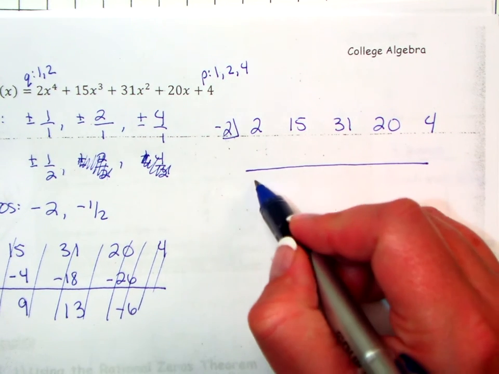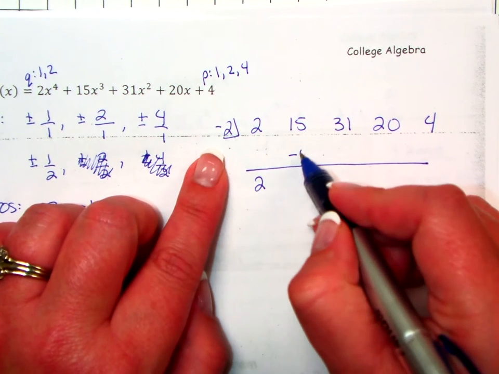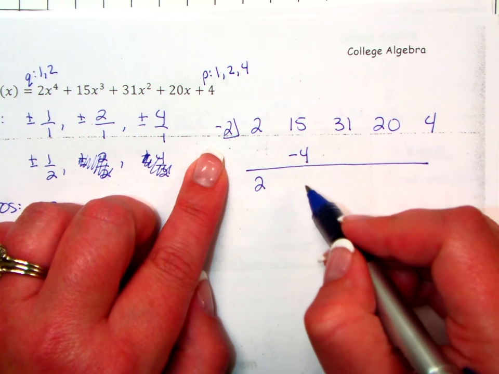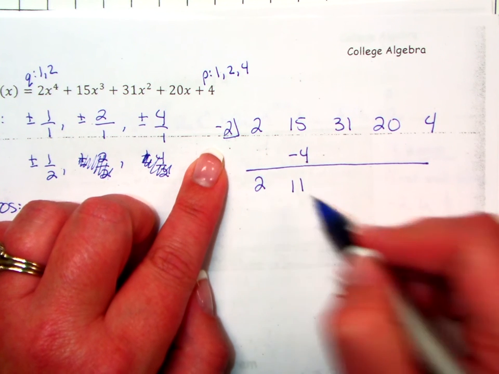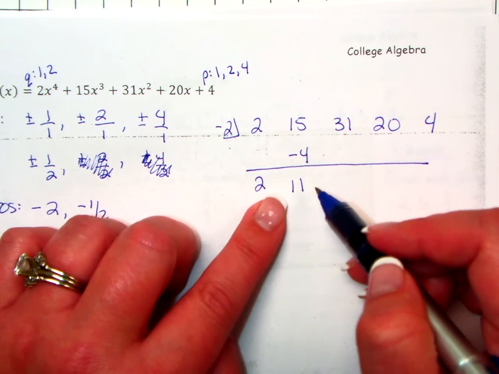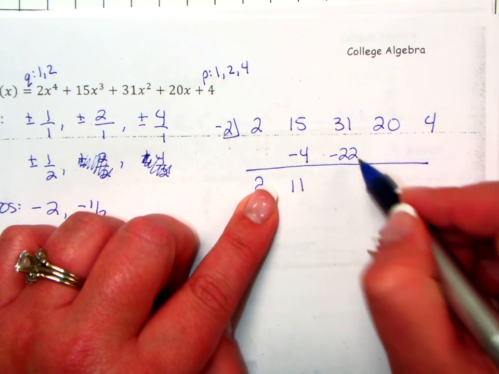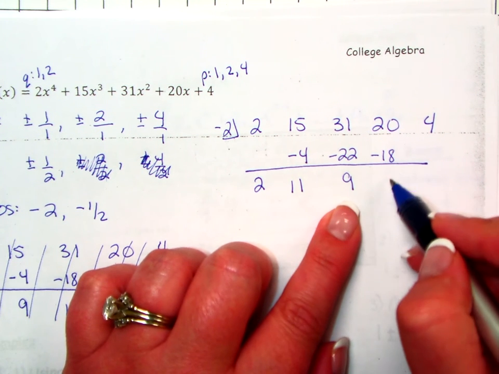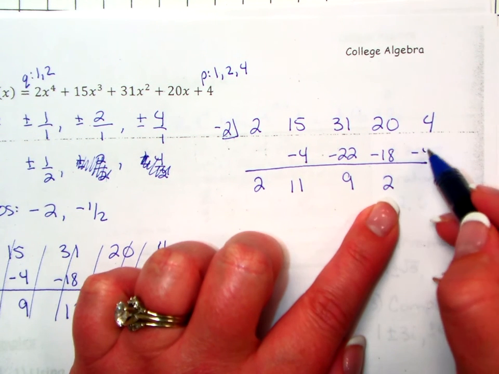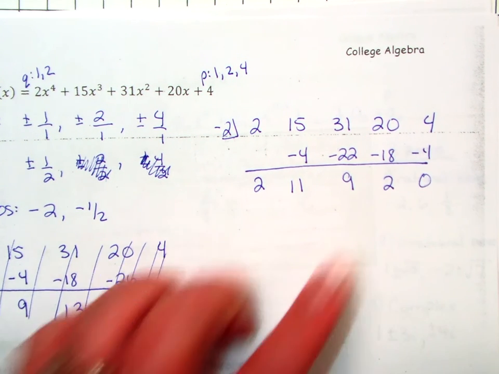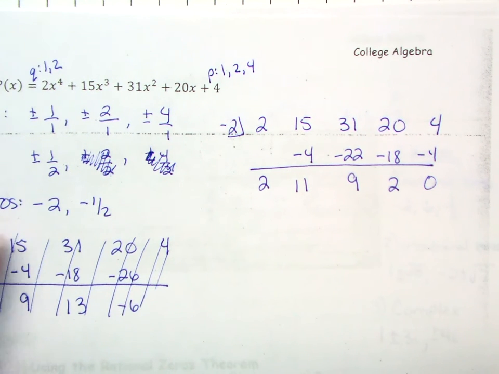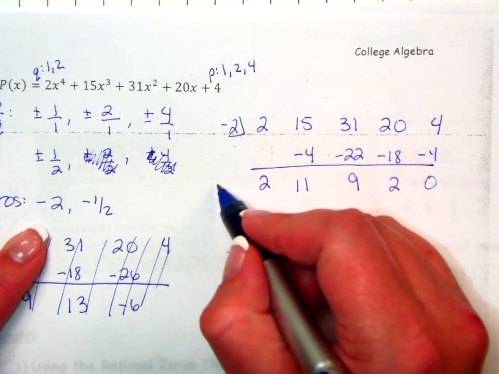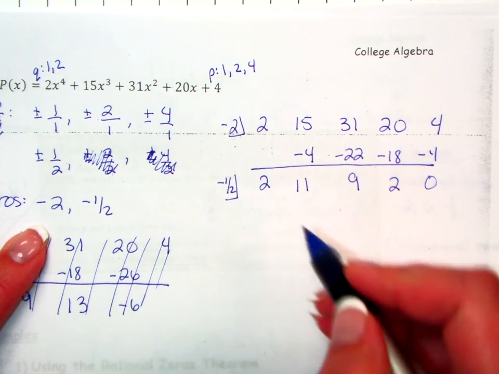All right, add down, multiply. 15 minus 4 is not 9. 15 minus 4 is 11. All right, multiply, add down, multiply, add down, multiply, add down. Much better.